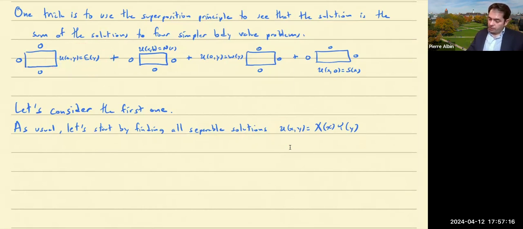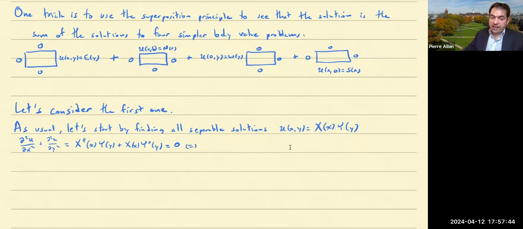Okay, so what does the equation look like for a separable solution? We would have 2 derivatives with respect to x plus 2 derivatives with respect to y. So that would look like X double prime of x times Y of y plus X of x times Y double prime of y, and we want that to be equal to 0.